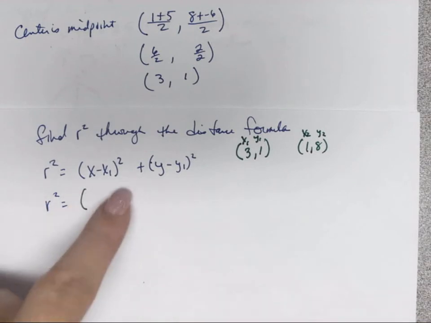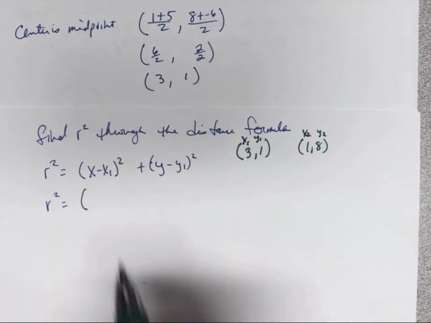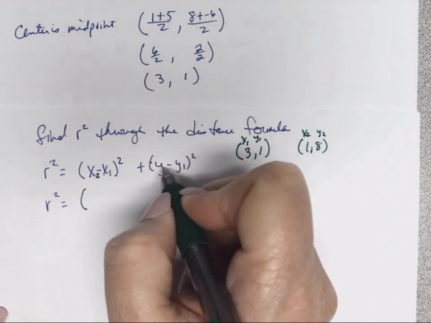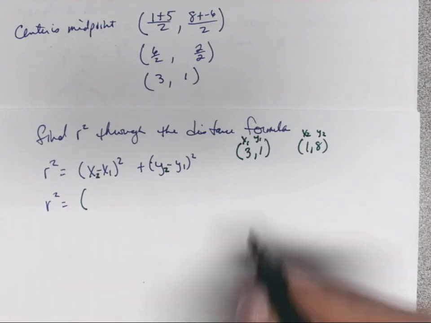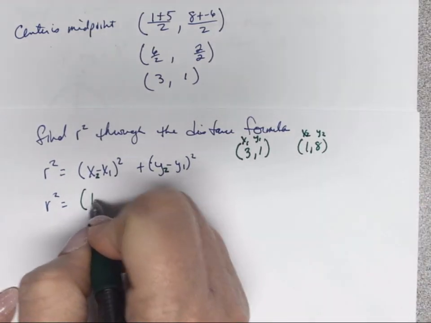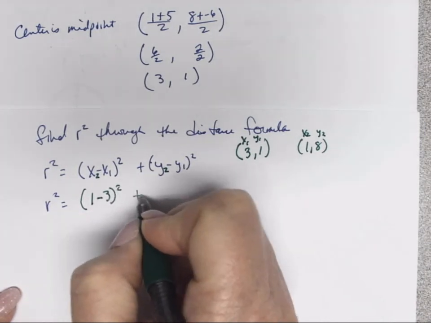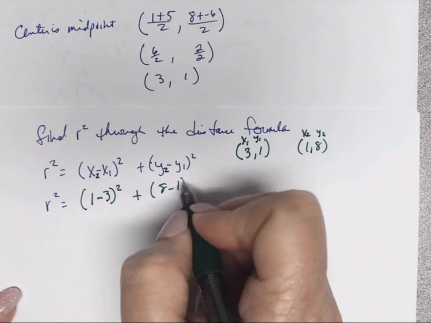It doesn't matter. Let's put this as 2 and 2 right there. It'll just make it easier for us. So x sub 2 would be 1 minus 3 squared plus, we'll have 8 minus 1 squared.